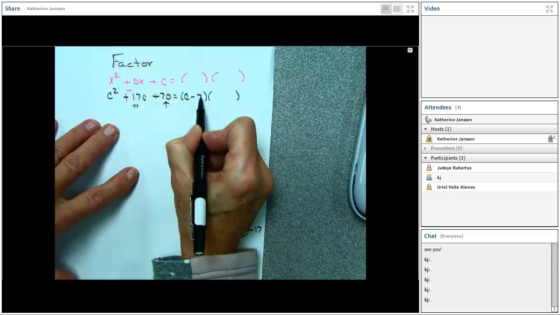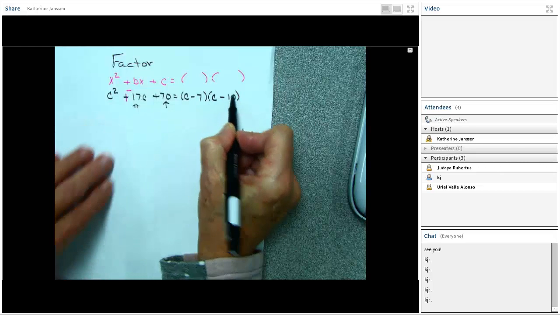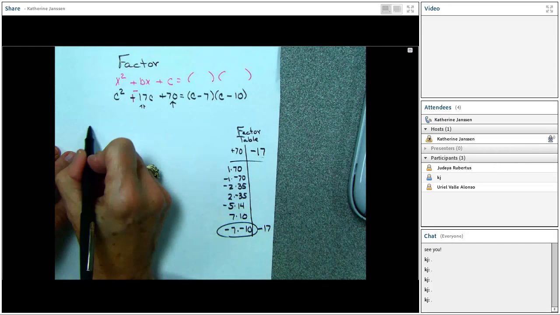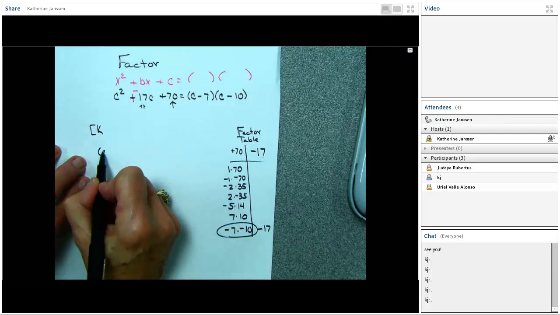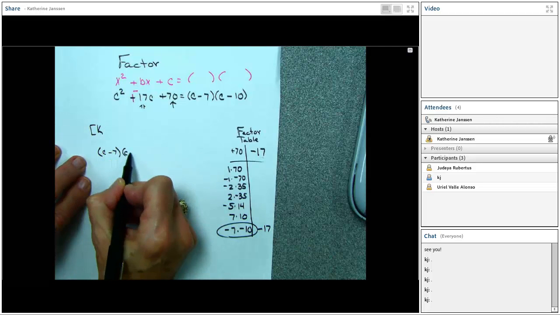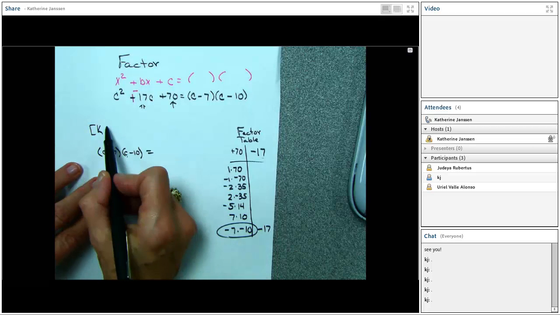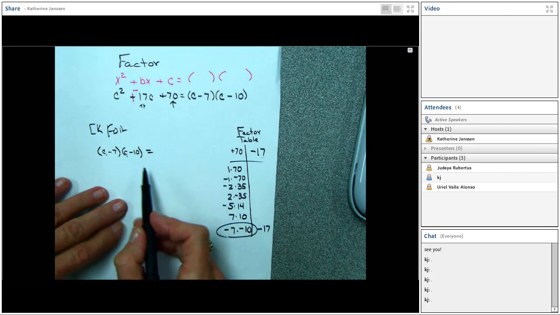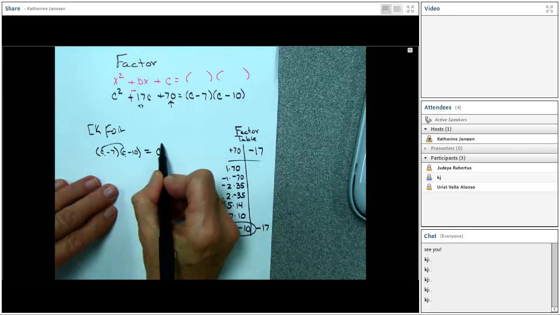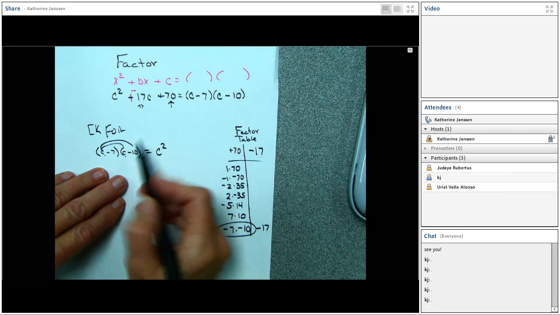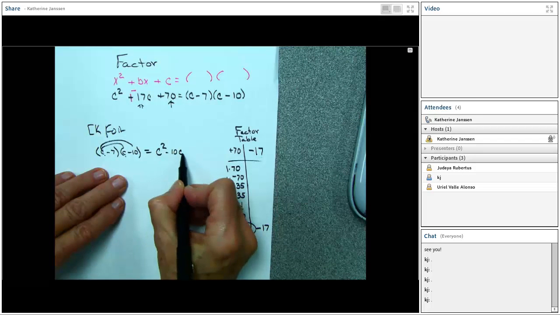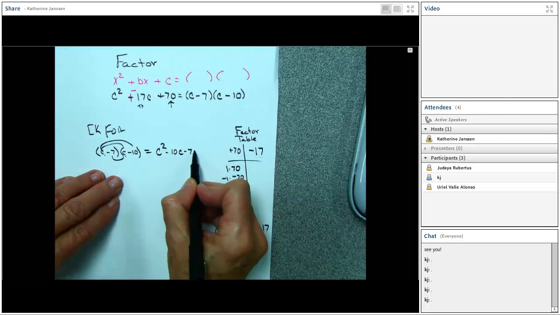C minus 7 and C minus 10. And we check. C minus 7 times C minus 10. First two terms are the same, but the last two are different, so we'll use FOIL to expand. Get C squared. First terms, outer terms, a negative 10C. The inner terms are a negative 7C.